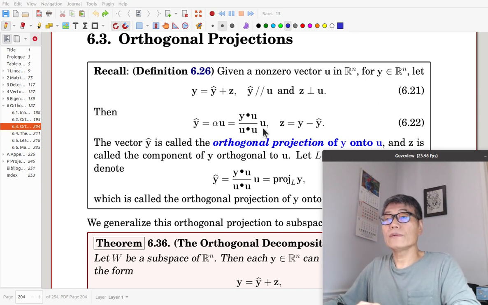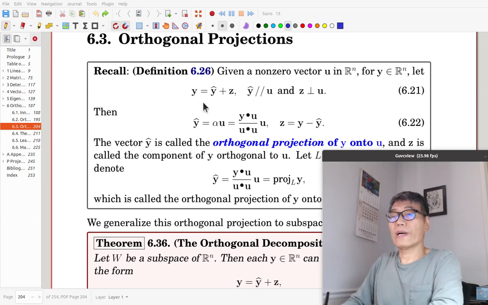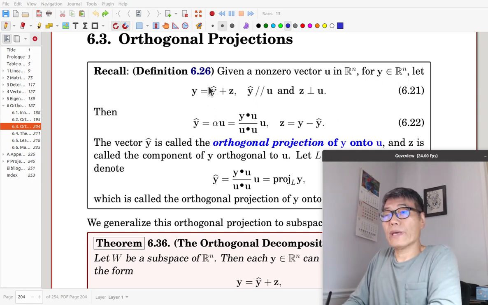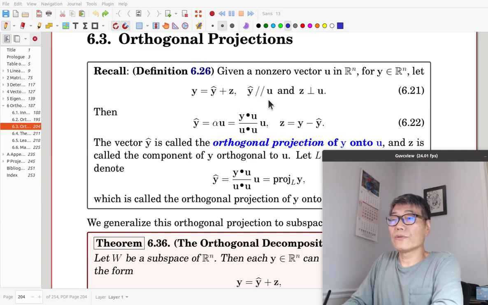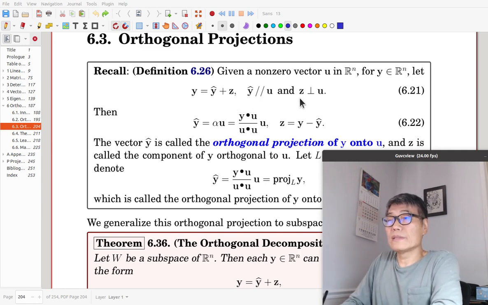Recall: given a non-zero vector u in Rn and y in Rn, we express y as the sum of y hat plus z. Y hat is parallel to u, and z is orthogonal to u.